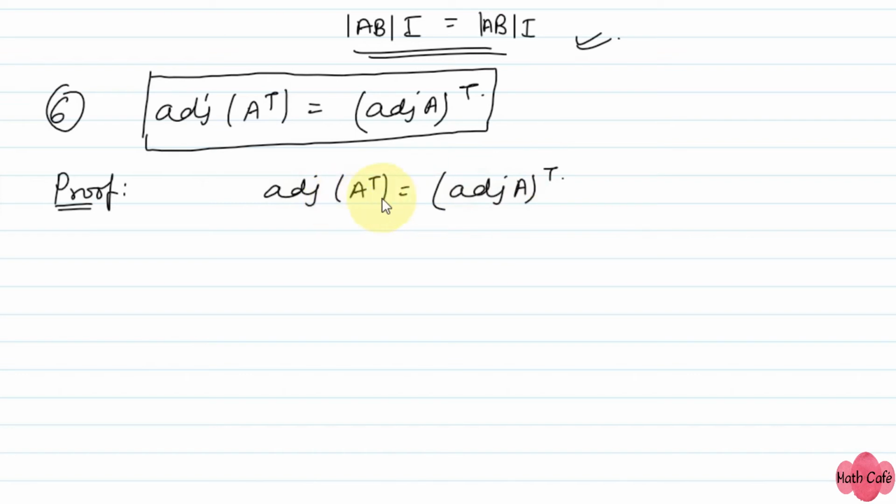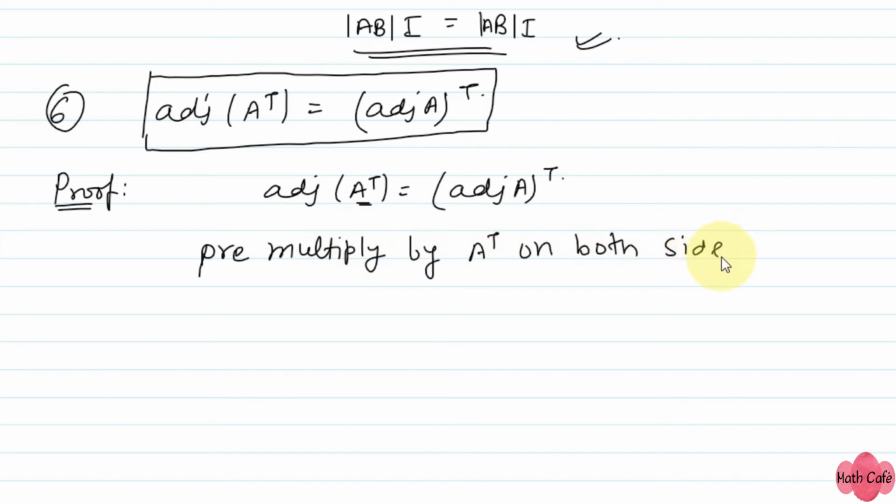So we will pre-multiply it by A transpose on both sides. So what we will get here, A transpose multiplied by adjoint of A transpose is equal to A transpose multiplied by adjoint of A whole transpose.